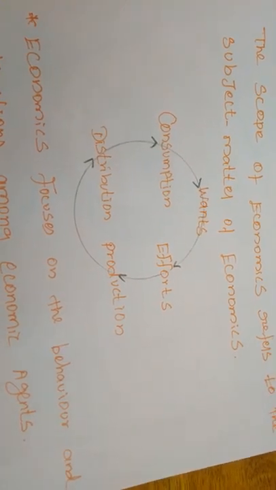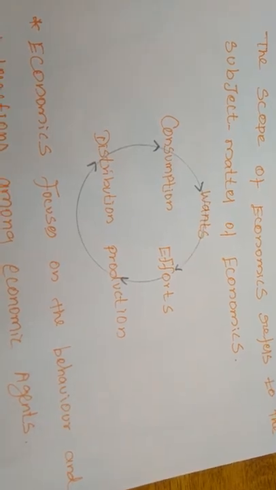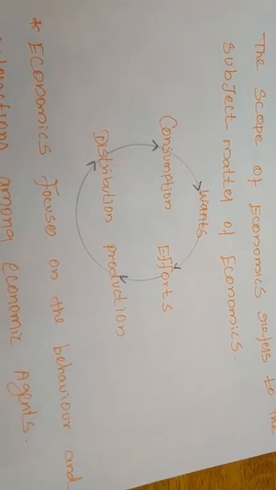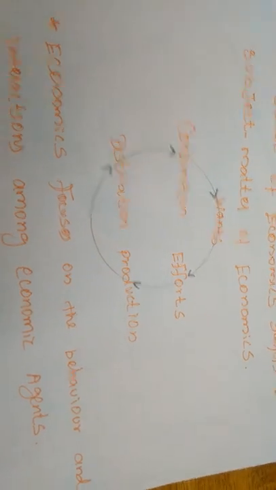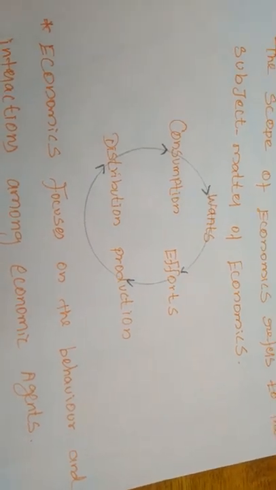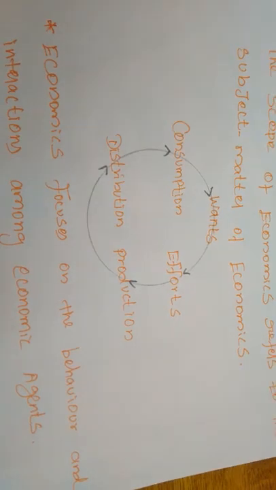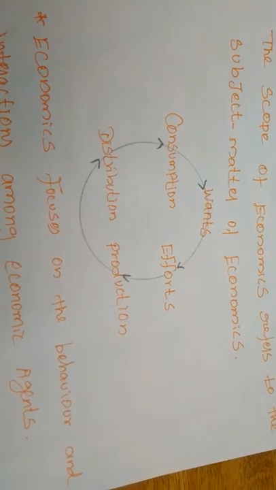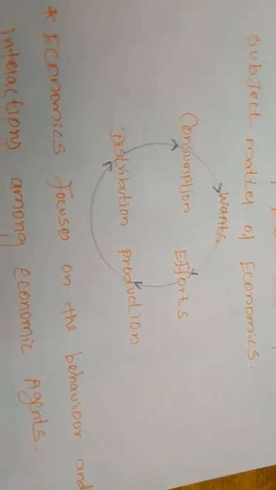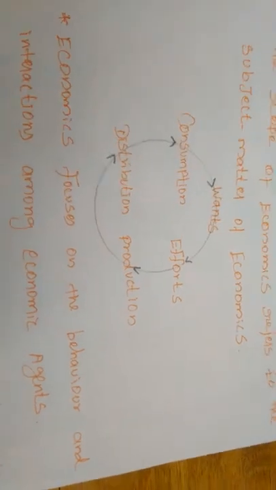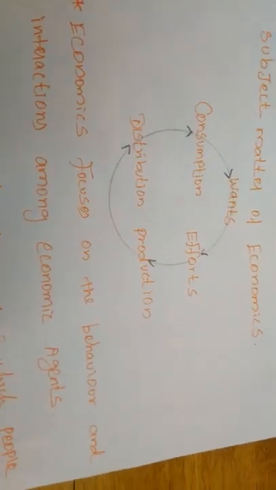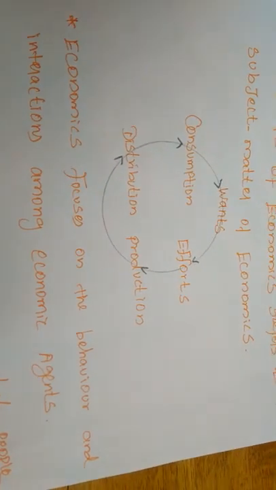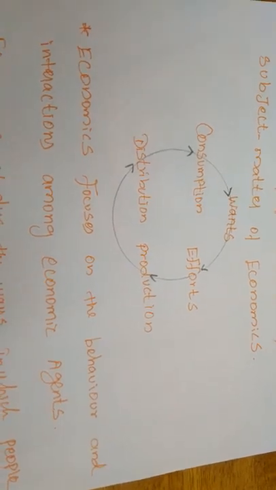What are the efforts? We go to work and produce some product, and whatever effort is required, we take that effort. Suppose the producers want to produce a commodity; they will set up industries and adopt some factors of production to produce that commodity.